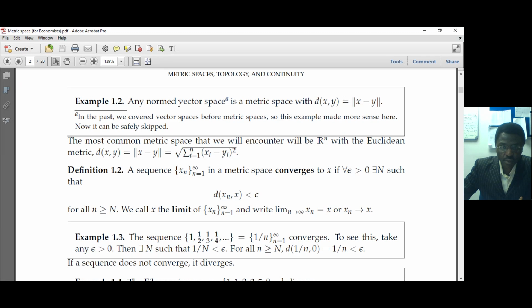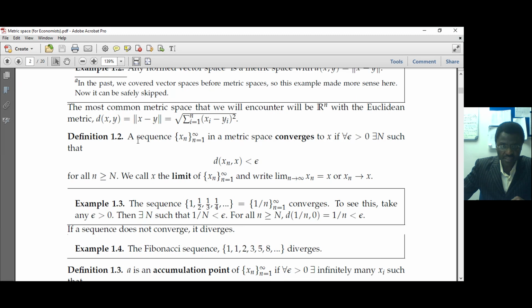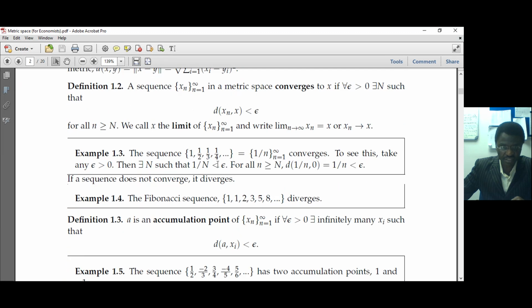like here you can see, any normed space is a metric space. And they show you how you can get the distance from the metric. We did this already. And now they give you some examples, like in Rn. A sequence in a metric space converges if, well, then you have the definition there.